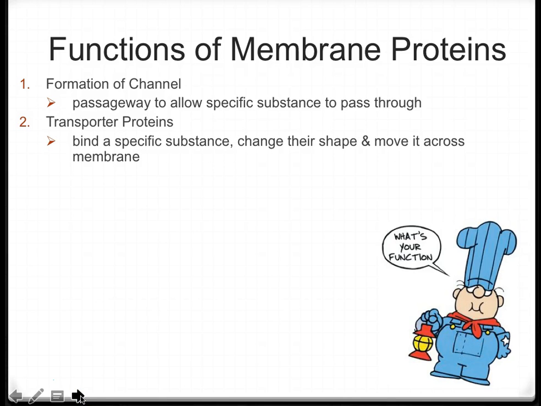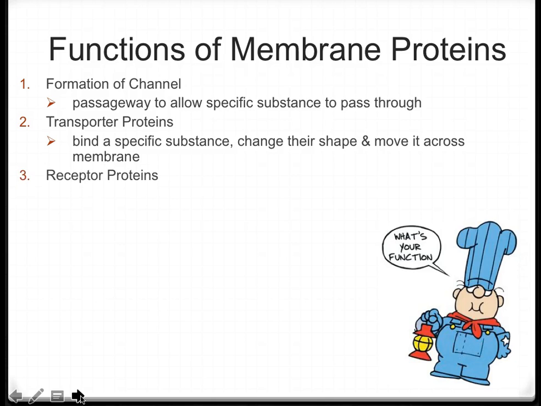Transporters, and we'll see this in a little bit, probably in the next section of this video series, of this chapter, but a transporter protein is very similar to a channel. It's similar in that it allows things to go through. It is different in that it'll have to change its shape to allow something to go through. So instead of it just being like an open doorway or an archway where you can just walk through, it actually has to change its shape.